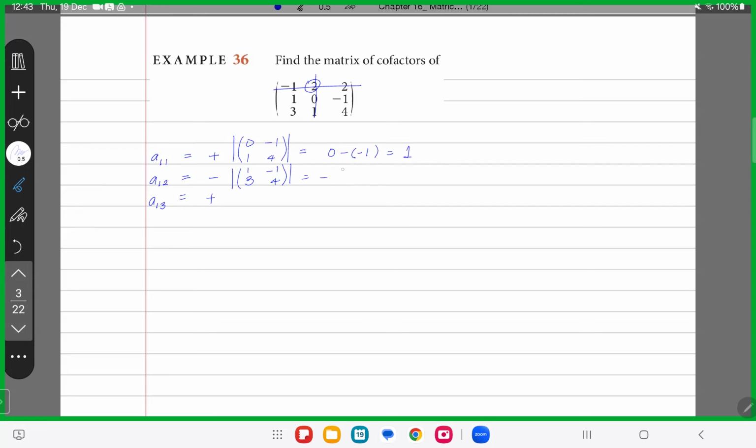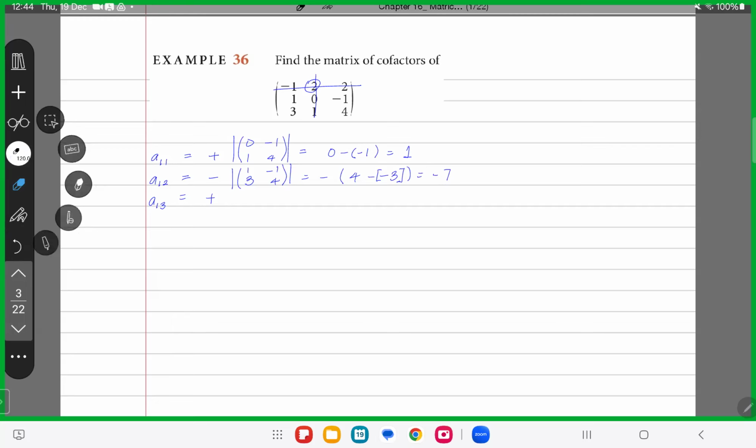The sign convention is negative. So this is 4 minus 1. No, sorry. It's minus 3. So this is minus 7.